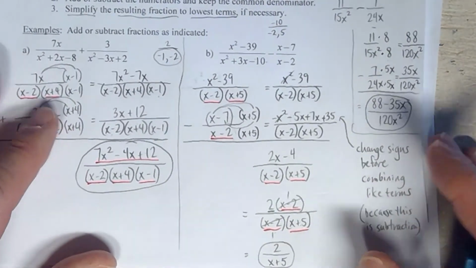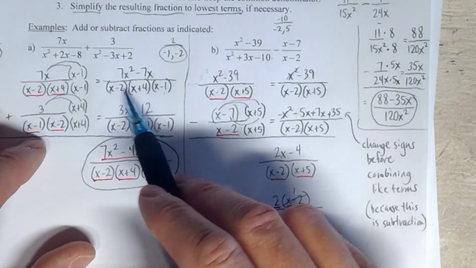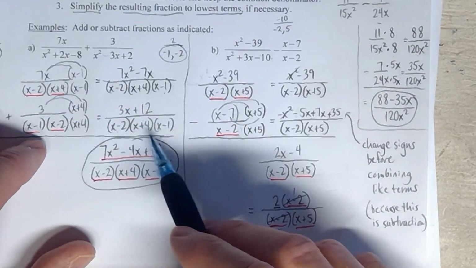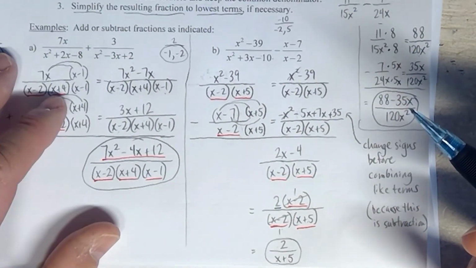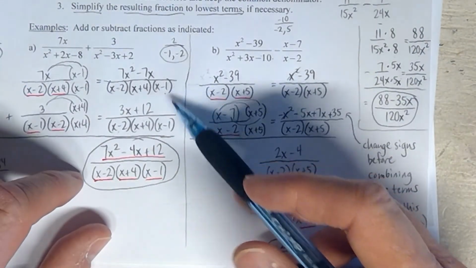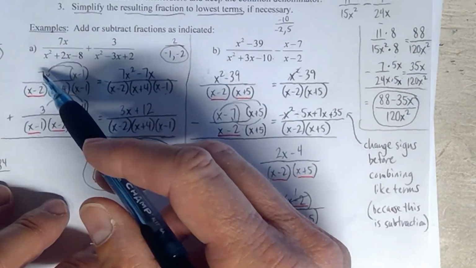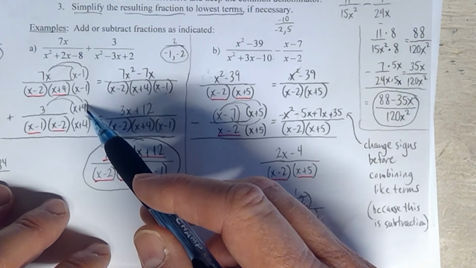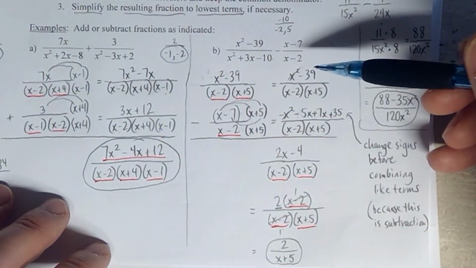So let's go through it again here. When you're adding and subtracting fractions, you find the LCD. You multiply by the appropriate things to make the old denominators equal the LCD here. Then, if it's an addition problem, you just combine like terms after you clear out the brackets on the top so that you can combine like terms.